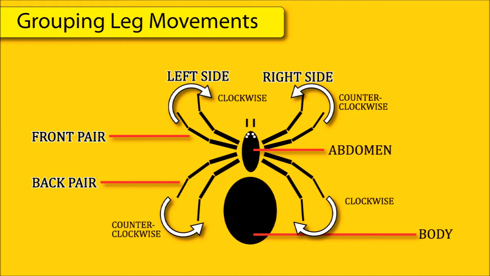Well, you have to be careful how you're turning these, or else you're going to have legs that are flexing in a weird direction. So I've mapped those out here. We've divided the legs into front pairs and back pairs, left side and right side, and you can see how the rotation, whether it's clockwise or counterclockwise, depends on which side and which pair of legs.